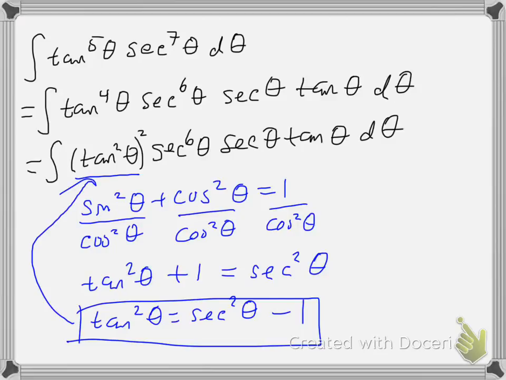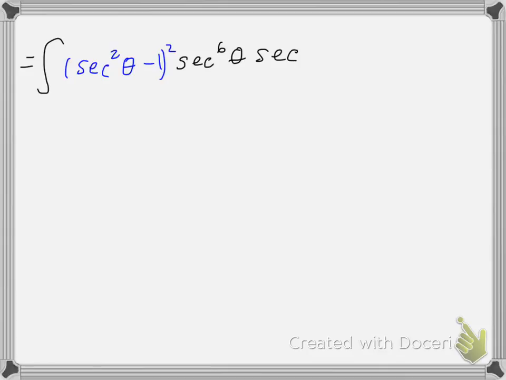Let's use this identity and substitute it back in. So this is going to be equal to the integral of secant squared of theta minus 1 squared times the secant to the sixth of theta times secant of theta tan of theta d theta. So now let's use a little bit of u substitution.